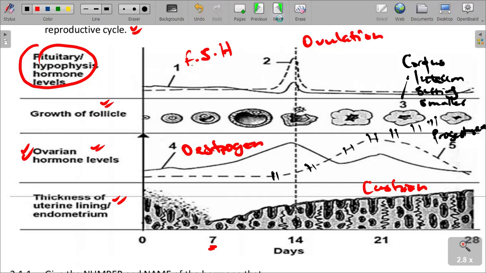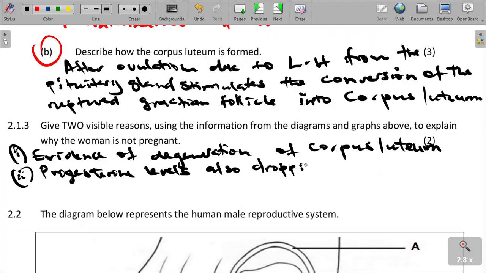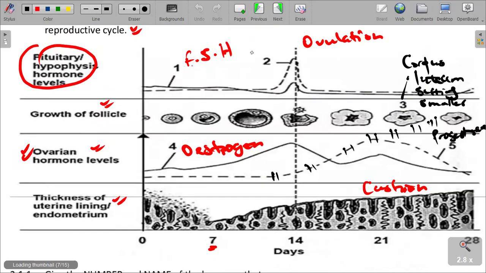So we can see the progesterone level also dropping from day 21. It indicates that the woman is not pregnant.